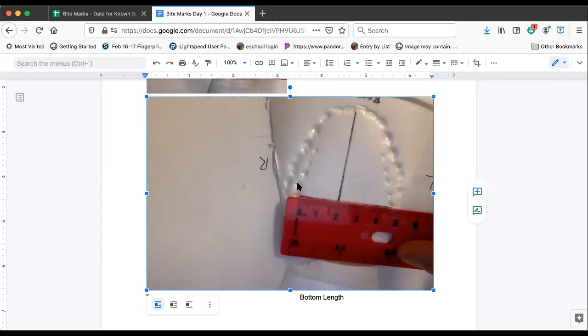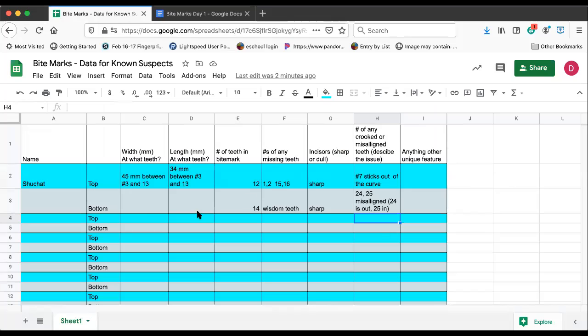So tooth number 18 to 25, 26, 27, 28, 29, 30, 31. So this is between numbers, what do you say, 45 millimeters between numbers 18 and 31.